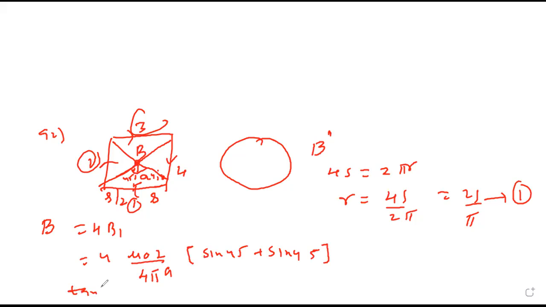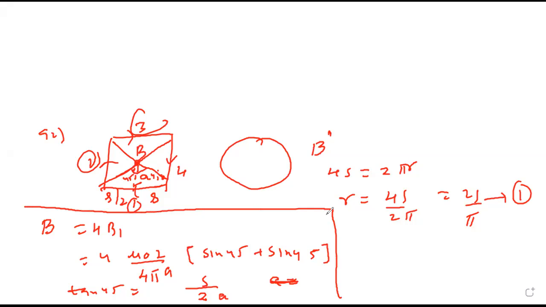I gave the hint here. Tan of 45 is opposite side s by 2 upon adjacent side a. So from this, 1 equals s upon a, therefore a equals s by 2.